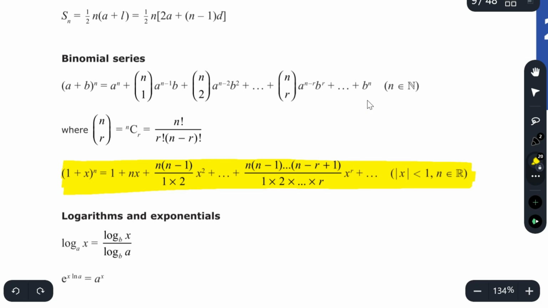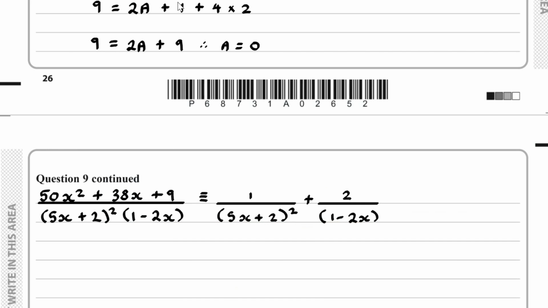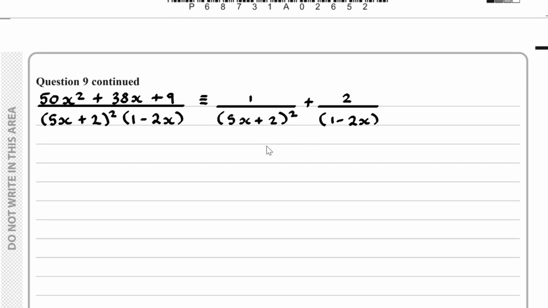So, doing so, let's split the terms separately and work them out. We have the 1 over 5x plus 2 squared being the same as 5x plus 2 to the power of minus 2.